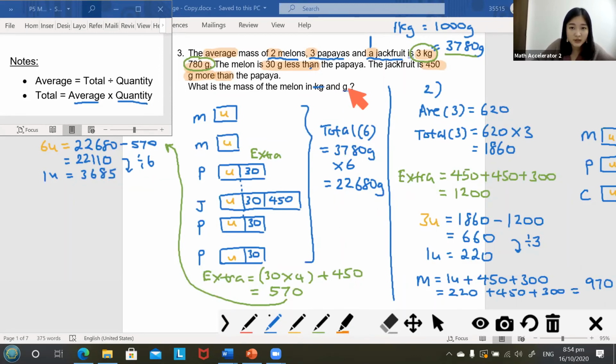They want kg and grams. So you need to convert, right? They want melon. And melon is 1 unit. Okay, melon is already 1 unit. So in this case, 1 unit is our answer, but we need to convert to kg and grams. Okay, 3 kg, 685 grams. Thank you.